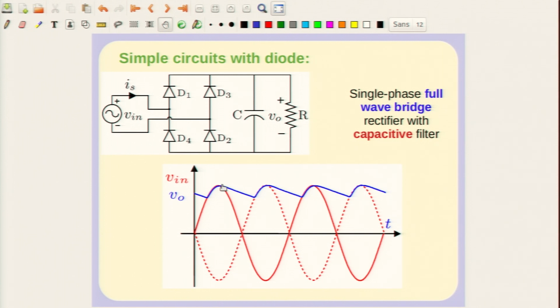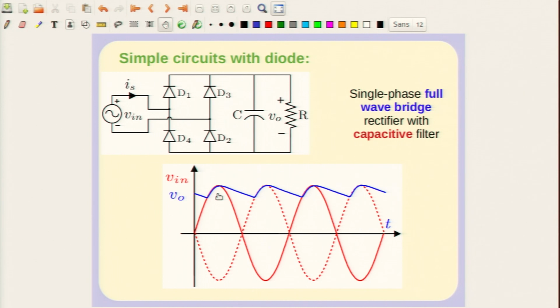One interesting thing about this circuit is that the diodes do not conduct continuously; for some part of the cycle they are not conducting. Another interesting point is that you get a reasonably low ripple despite having only a single phase bridge rectification.